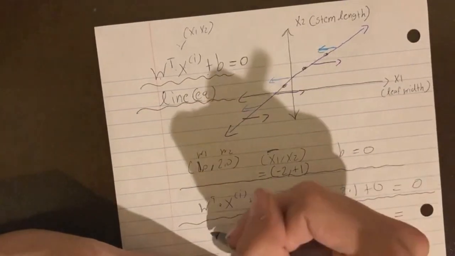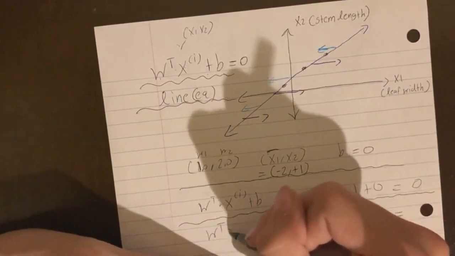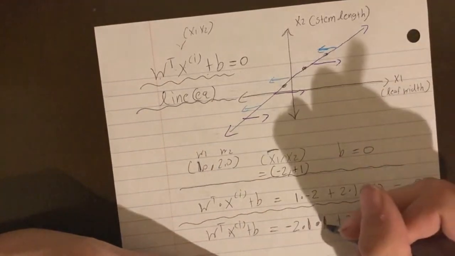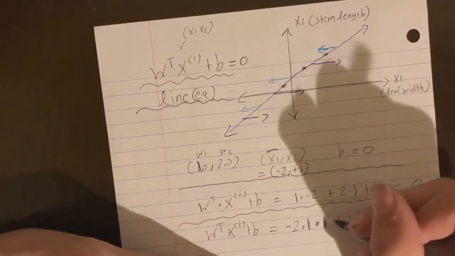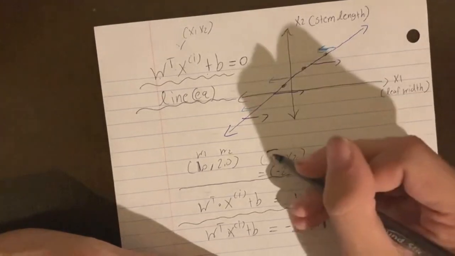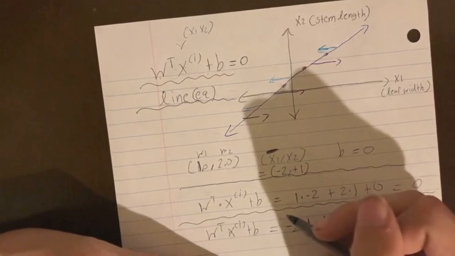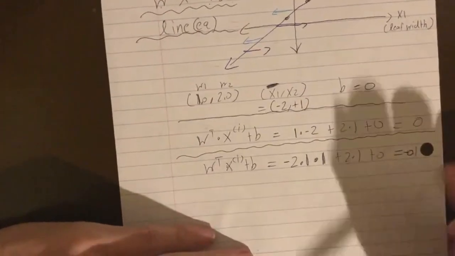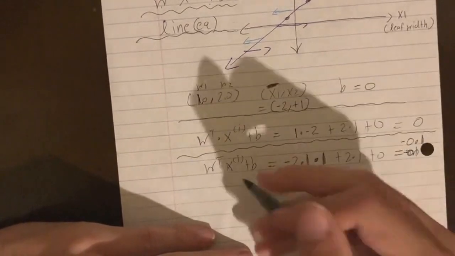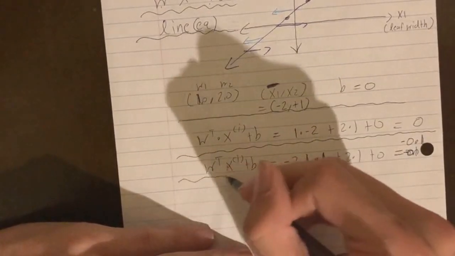This would equal our W transpose x of i plus b, and that would give us a -0.1. So if you nudge x1 just a little bit, that would give you a negative value for W transpose x of i plus b.